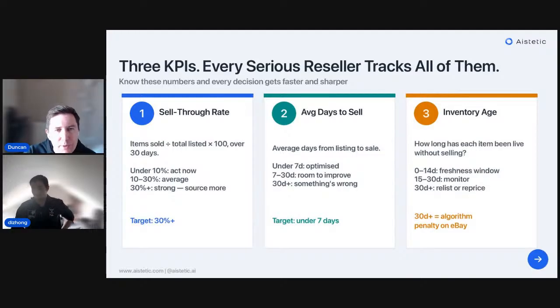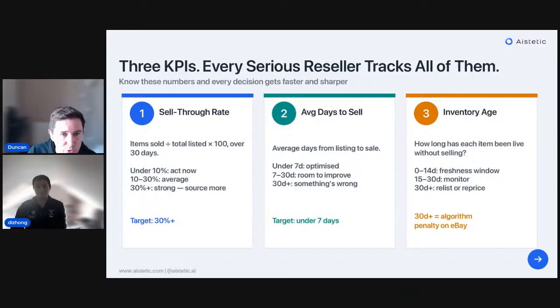The three KPIs that every reseller should track are these. One is sell-through rate: items sold over total listed, times 100, over 30 days. We can look at this across a number of time periods, but we recommend starting with 30 days. If you're under 10%, there's definitely some action required. If you're 10 to 30%, you're in the middle of the market.